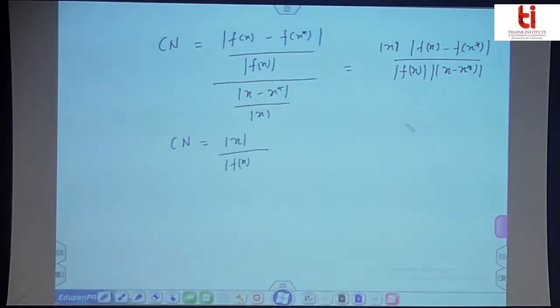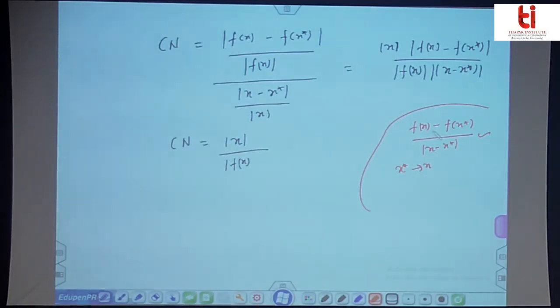Okay, so this term, [f(x) minus f(x*)] upon [x minus x*], when x* is approaching x, that is what? That is the definition of the derivative. x* is what? That is the change in x. That is a very, very small change.